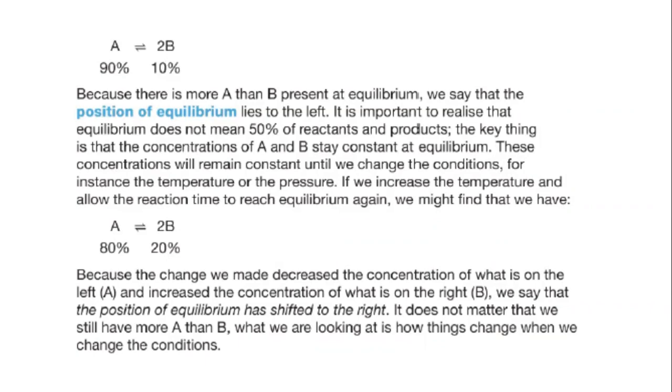So for example, if you look at equilibrium, I have 90% of reactant A and 10% of my product B. You can see I have more reactant towards the left side because I'm getting a greater amount of reactant.